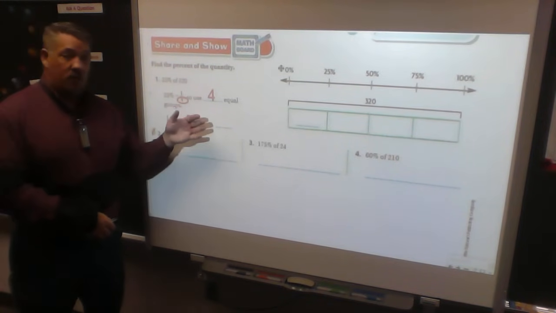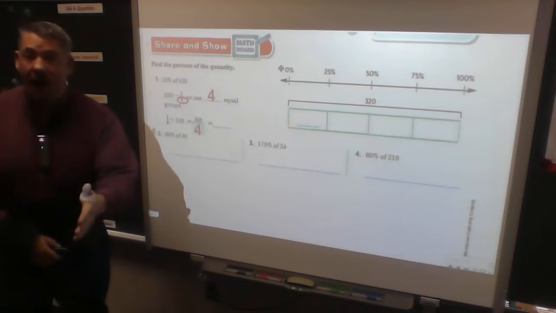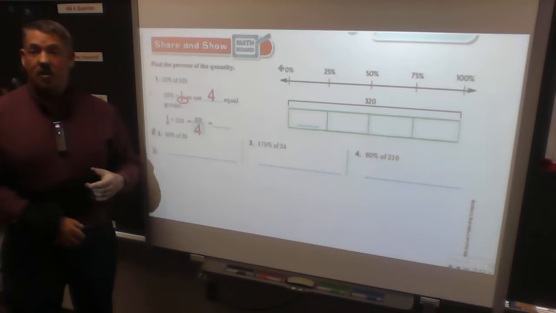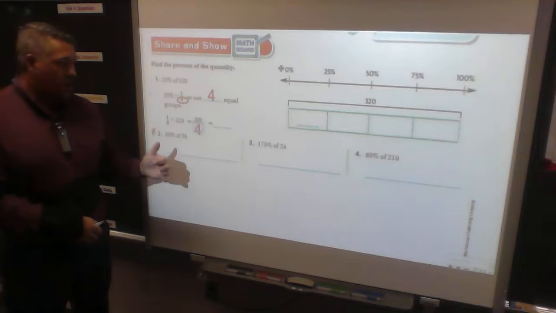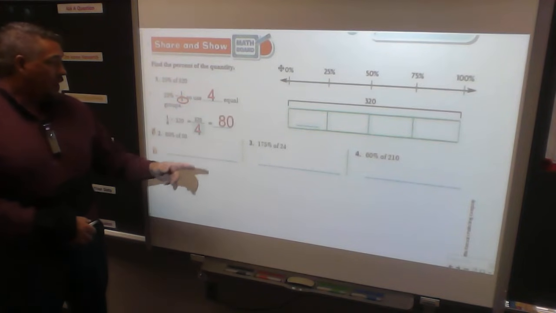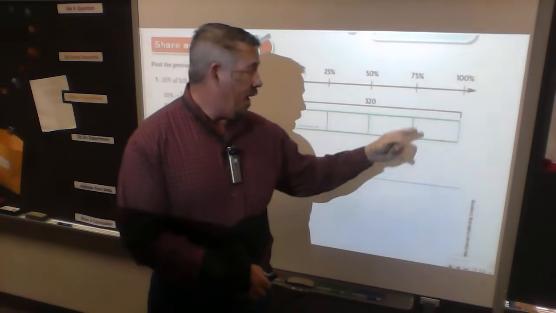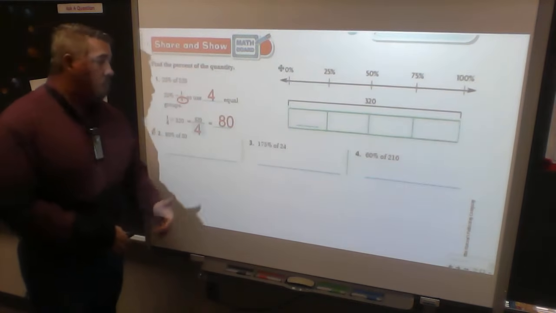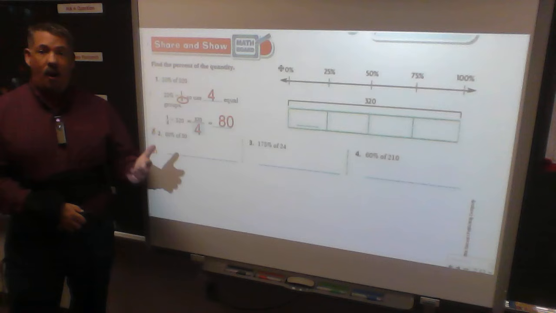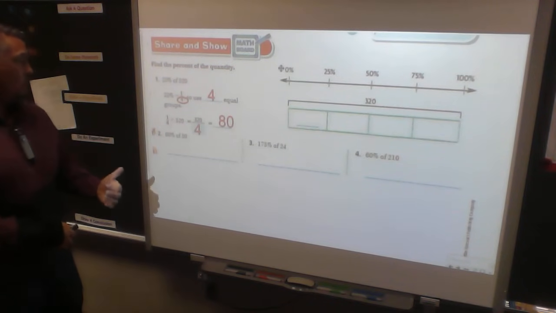And then when I reduce those, when I divide, my numerator goes inside my calculator or my division box. 320 divided by 4 gives me 80. So I know each of those are going to be equal to 80 points, 80 apples, 80 pencil leads. I don't care what they are because it's not actually a story problem.